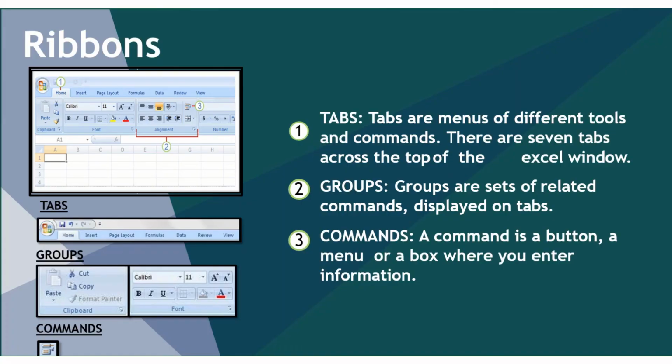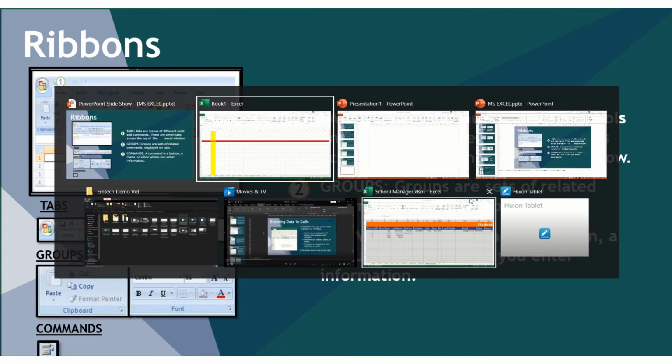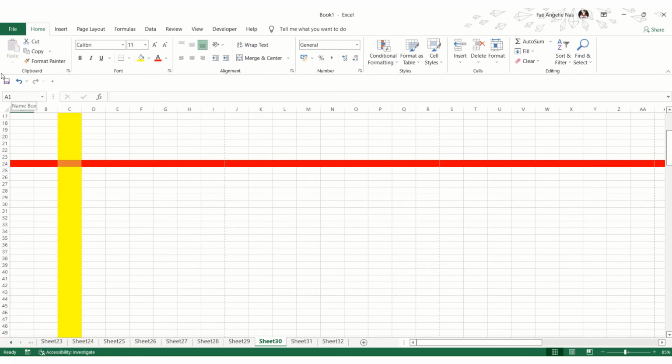So tabs are menus of different tools and commands. So there are 8 default tabs across the top of the Excel window in our ribbon. Those 8 default tabs are File tab, Home tab, Insert tab, Page Layout, Formulas, Data, Review, View, and Help tab.